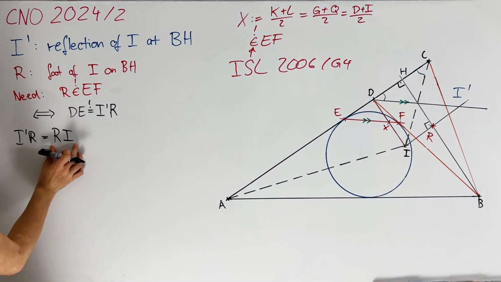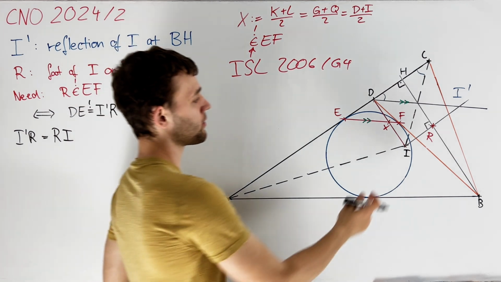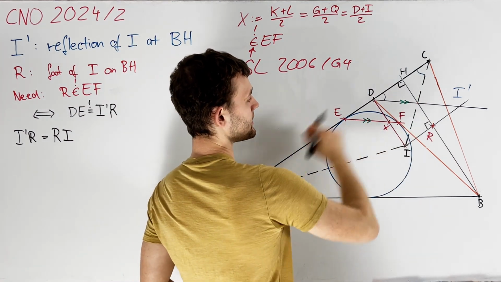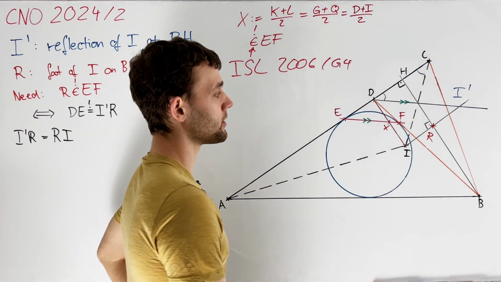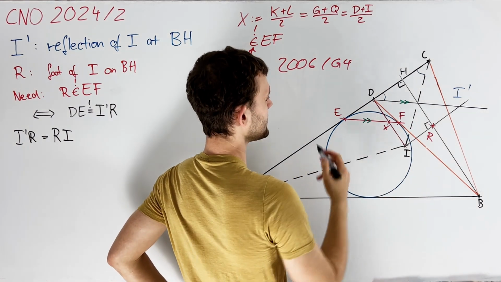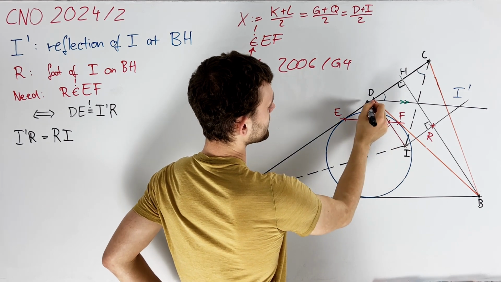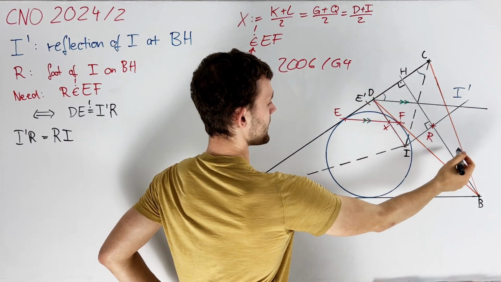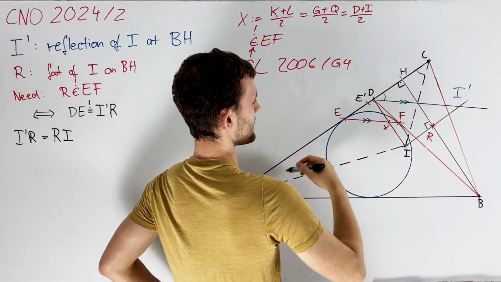The length of this segment does not change when we project both I and R onto line AC, because AC is parallel to RI. Under this orthogonal projection, R maps to the foot H of B onto AC, and I is mapped to the in-circle touching point, let's say E', of the in-circle of ABC with line AC.